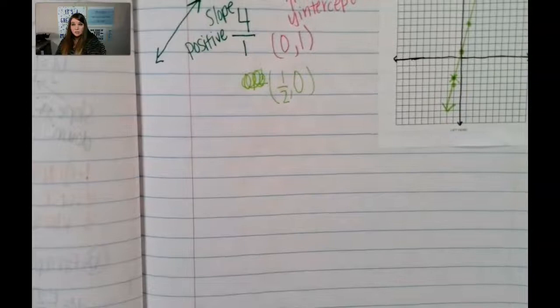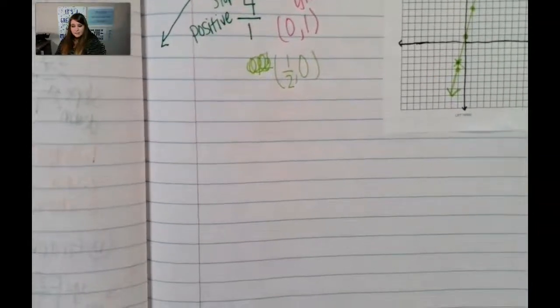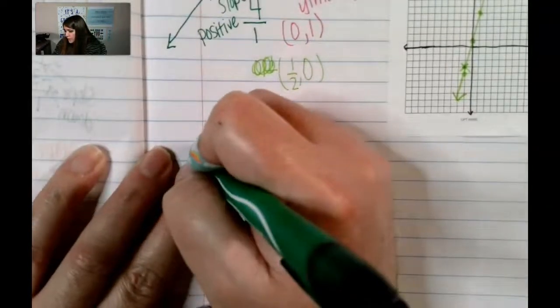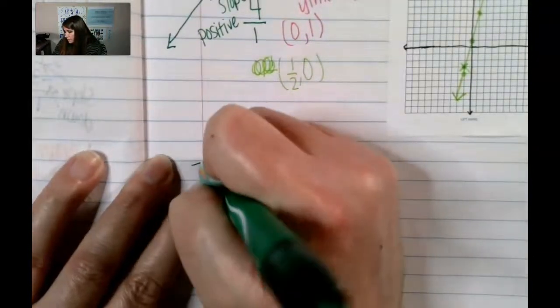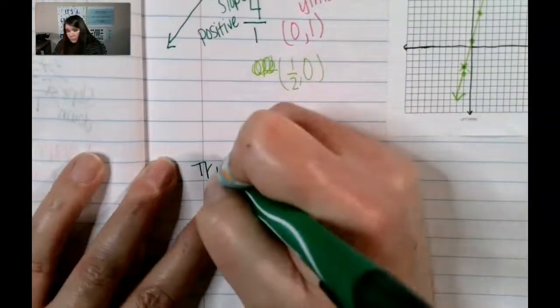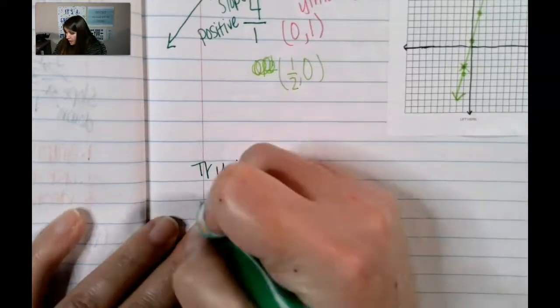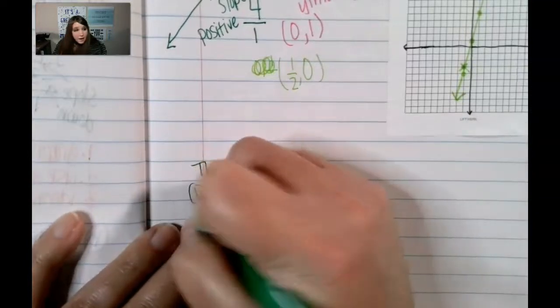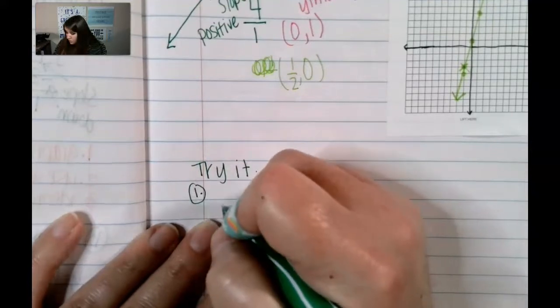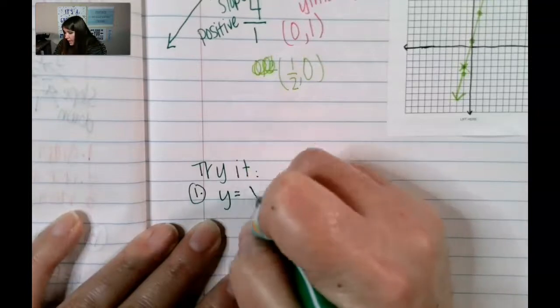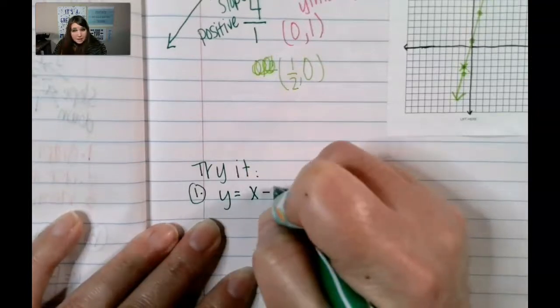My apologies to you. Okay, next, let's go ahead and do a try it. I want you to have this try it because this one is going to be really important. This try it says that you are going to graph and identify the x-intercept when y equals x minus 4.